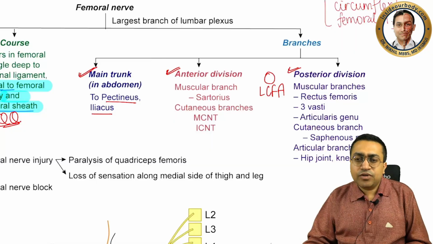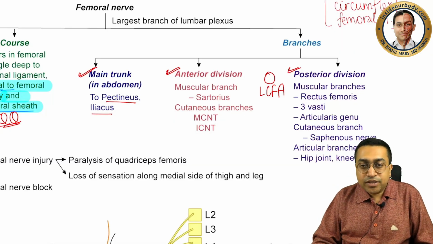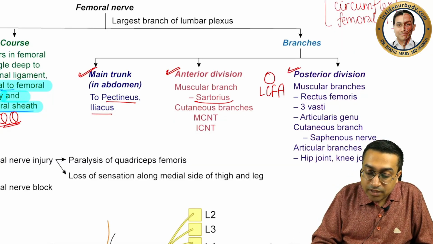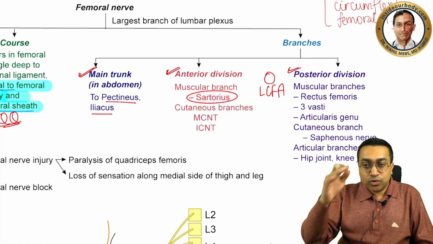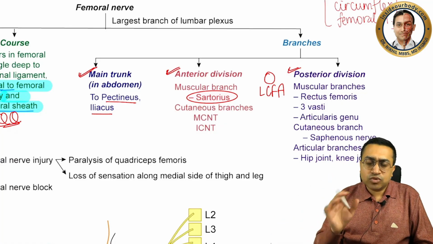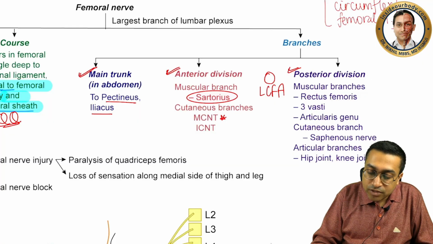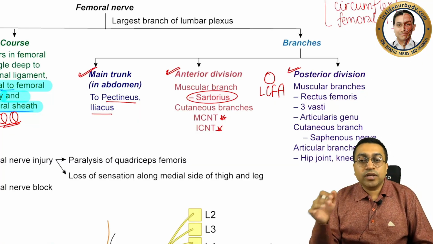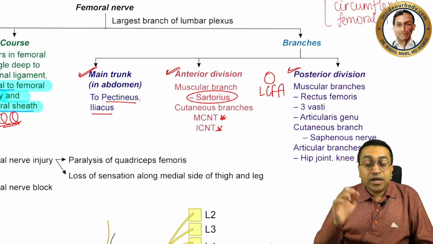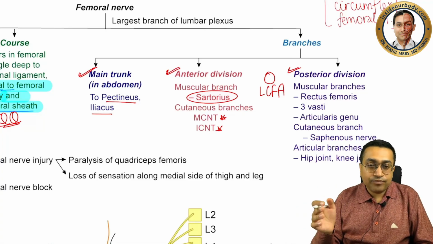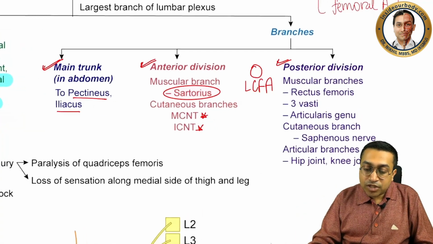Very easy to remember, the anterior division is supplying the muscles in the anterior part, that is the sartorius. If you remember, the main muscle which was running obliquely, that was the sartorius. So only one muscular branch, to the sartorius. And also we have cutaneous branches, that is the medial cutaneous nerve of the thigh and intermediate cutaneous nerve of the thigh.